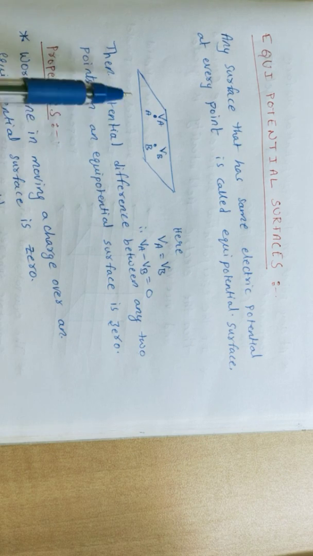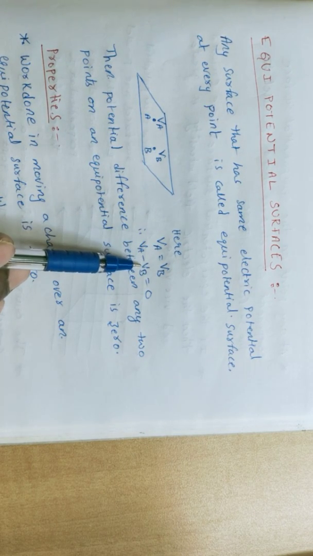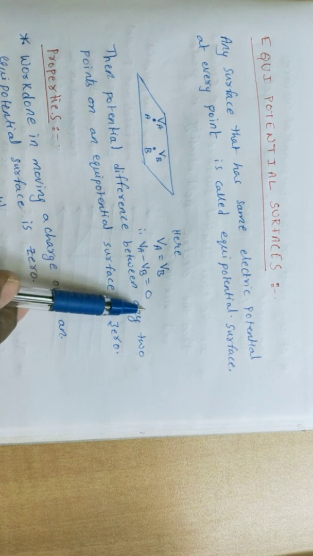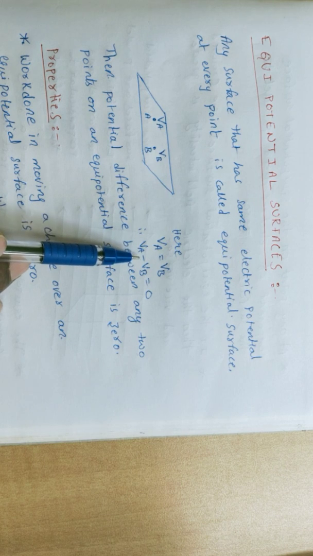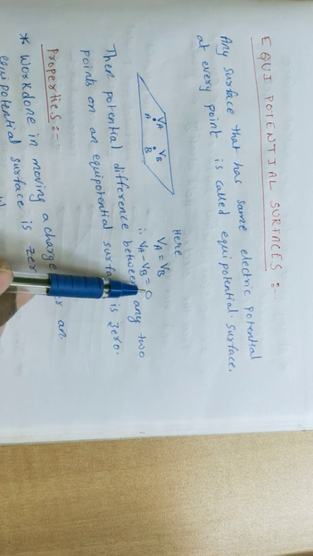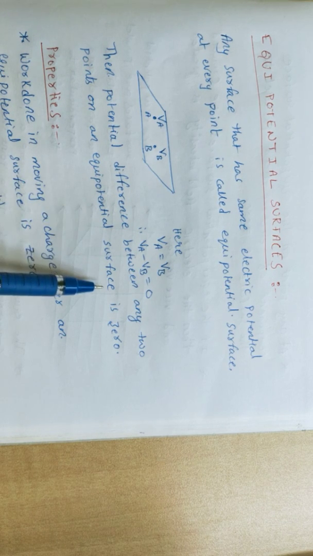So here VA is equal to VB. Therefore VA minus VB becomes how much? 0. Therefore on equipotential surfaces the potential difference becomes 0. So the potential difference between any 2 points on an equipotential surface is 100% 0.